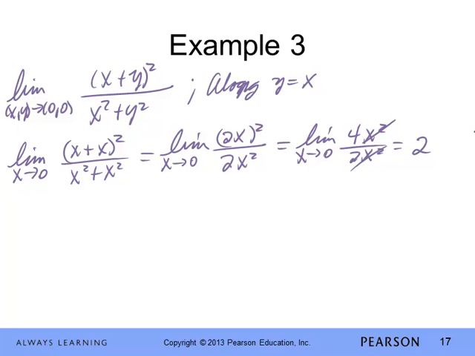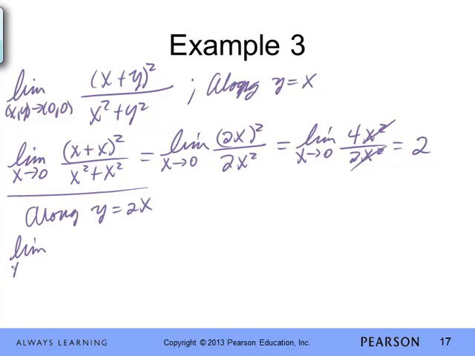Okay, well, let's try along a different line. How about along the line y equals 2x? In which case, when we take our limit, we'll replace y by 2x in the original function. So we'll have (x plus 2x squared) over (x squared plus 2x squared).